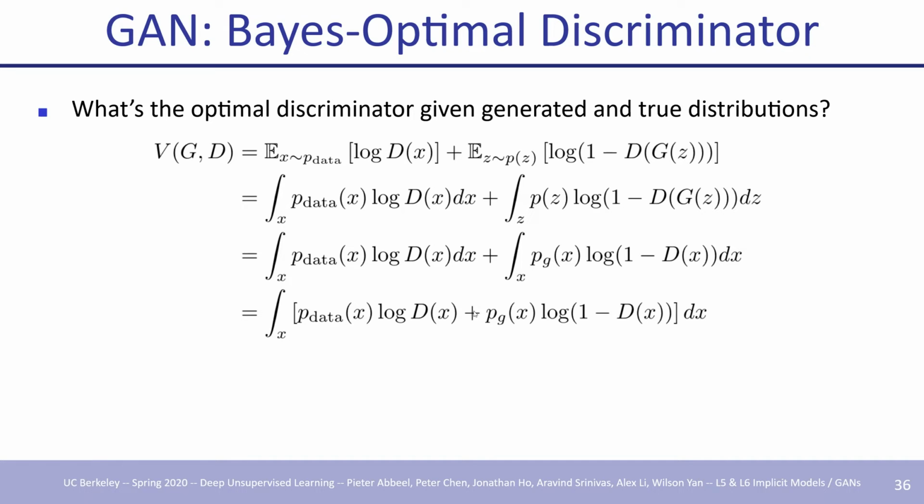This line is a little bit iffy to me because this X and this X are not the same, but I don't know what conditions you have to satisfy. It just combined it into one integral.